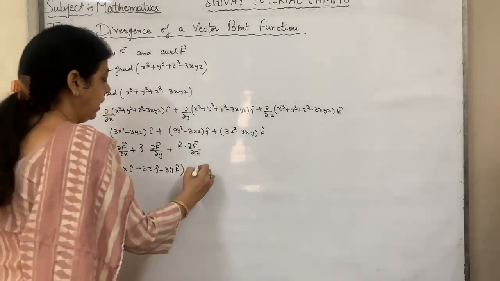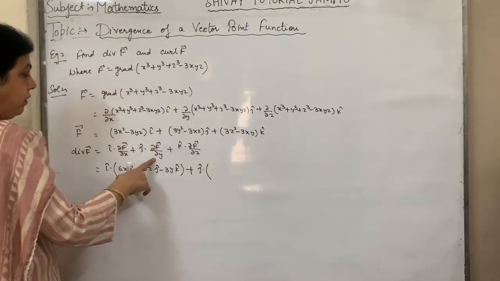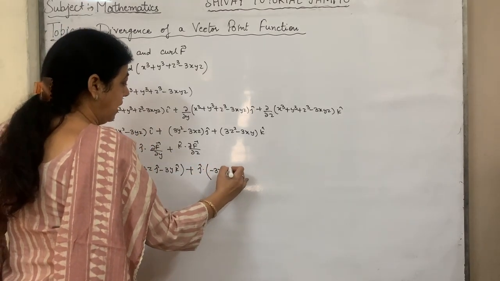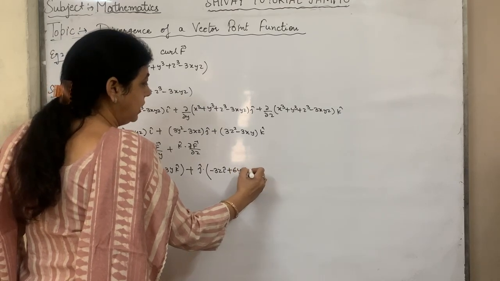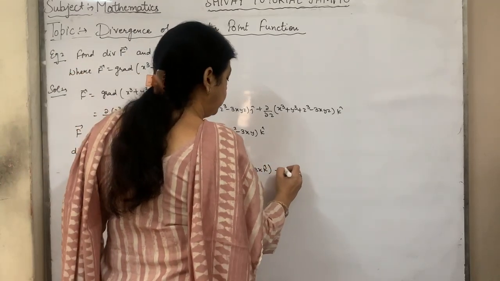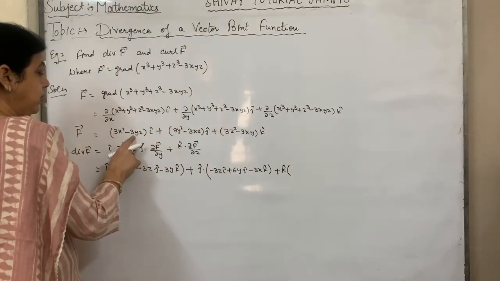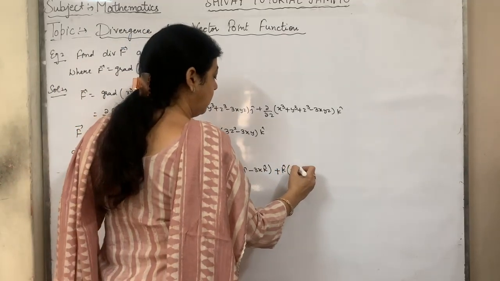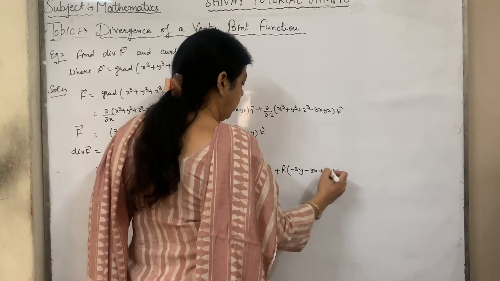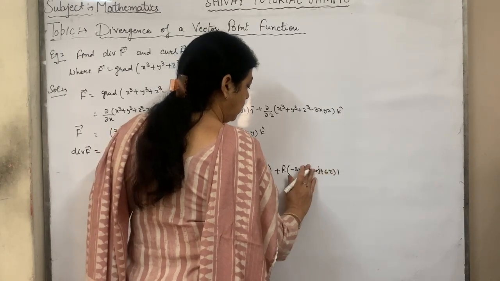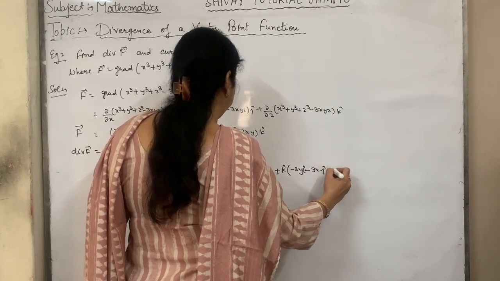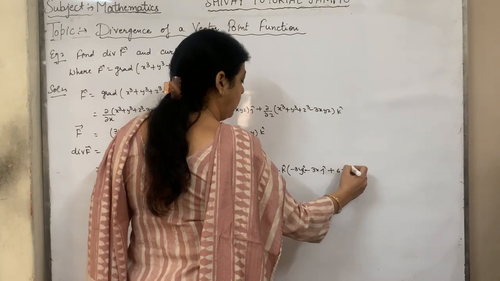Now we will differentiate with respect to y, we will get minus 3z with i plus 6y with j minus 3x with k. Now we will differentiate this with respect to z. With z we will get minus 3y, minus 3x, plus 6z. This will be i, minus 3x with j and 6z with k.